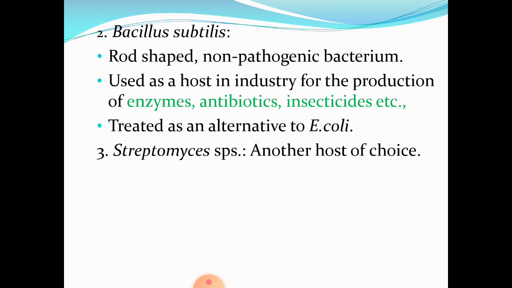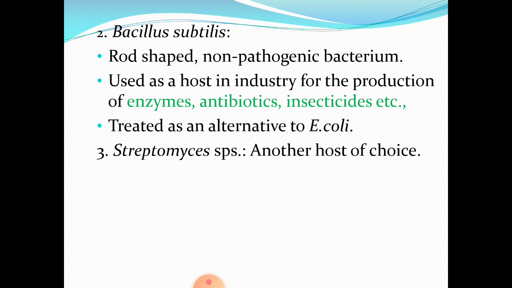Okay, then it is used as a host cell in industries, especially for the production of enzymes, antibiotics, and insecticides in large quantities. All right, and most of the time it is treated as an alternative host cell to Escherichia coli.